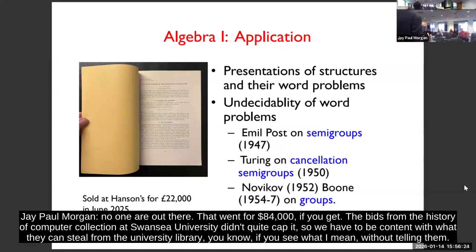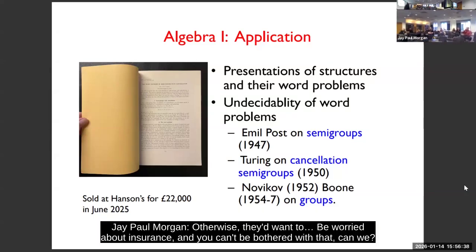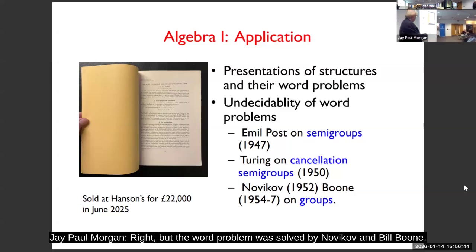That went for 84,000. The bid from the History of Computing collection at Swansea University didn't quite cut it. So we have to be content with what we can steal from the university library, if you see what I mean, without telling them. Otherwise, they'd be worried about insurance, and we can't be bothered with that, can we?